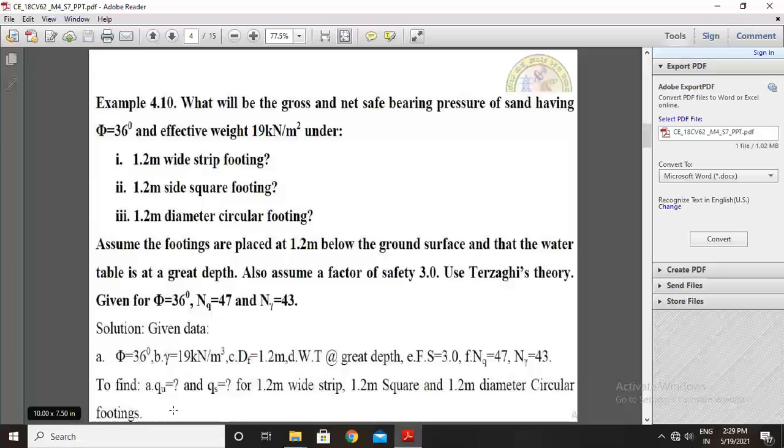Next, to find the ultimate bearing capacity qu equal to how much and SBC qs equal to how much for the 1.2 meter wide strip, 1.2 meter square and 1.2 meter diameter circular footings.